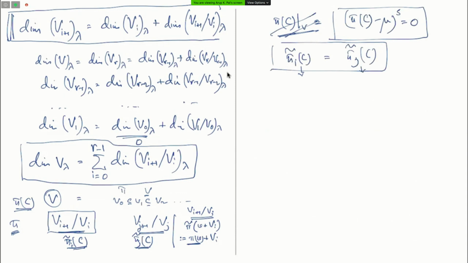So the action of c would be scalars on both. Now if we use this fact, this is the part you work out: show that these two scalars will be the same. The scalar that you get here and the scalar that you get here cannot be different. In fact, they will both be mu.